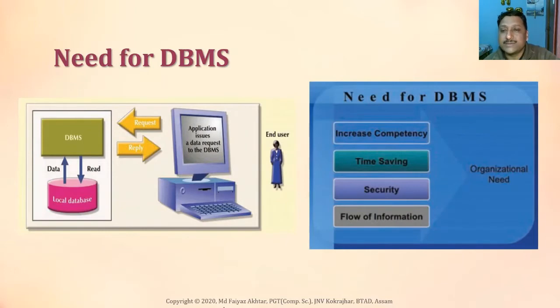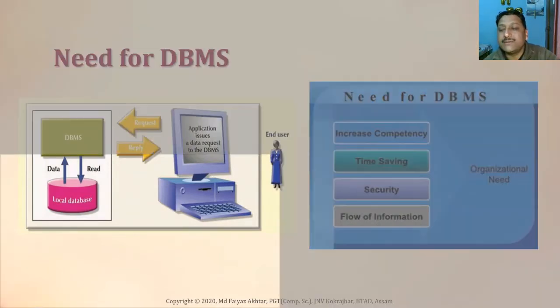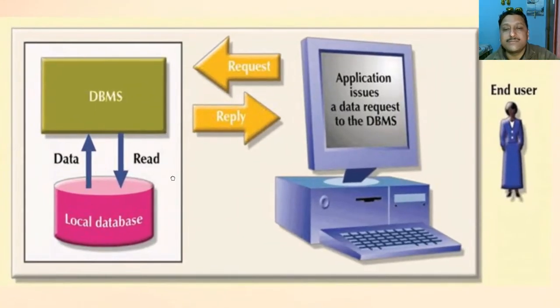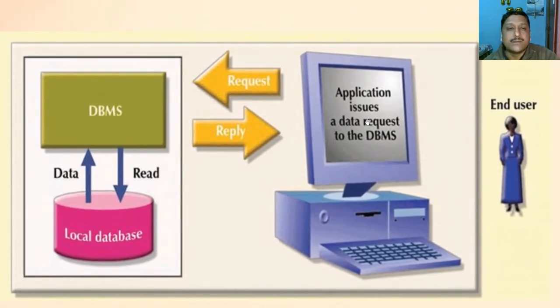Need for the database. Why do we need a database? Everywhere database is used. Suppose there is some software, and here is the end user. End user means the user who uses the database. While using the computer, this end user sends a request to the database management system that this particular information we need.